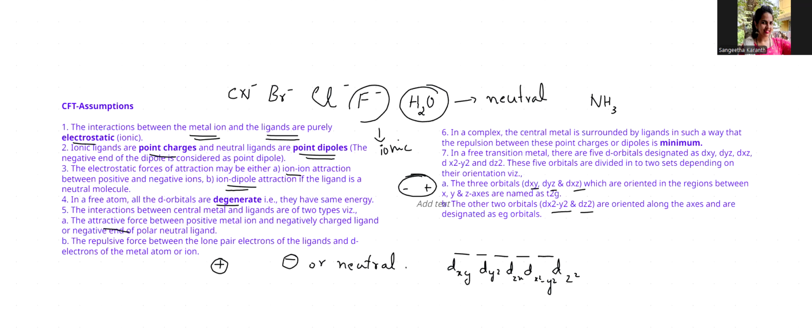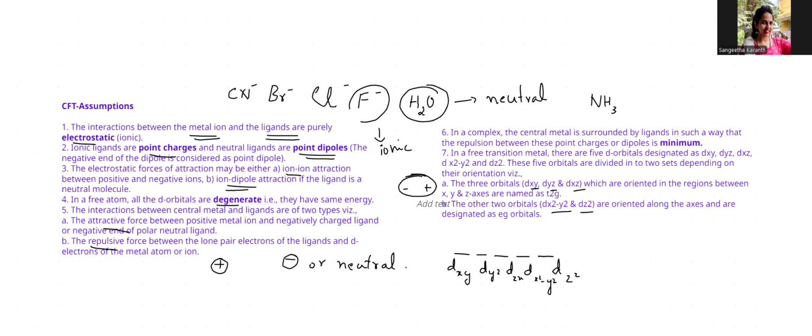So now there can be repulsion also because electrons are negatively charged. The ligands also have electrons that will be forming the coordinate bond, so there will be repulsive force also. So the interactions can be either attractive force or repulsive force.